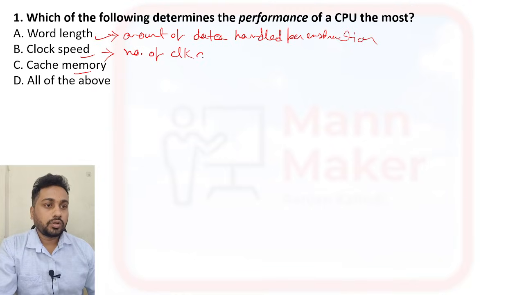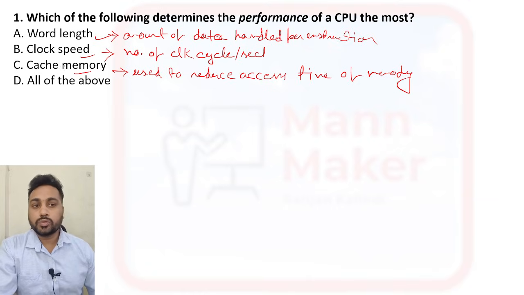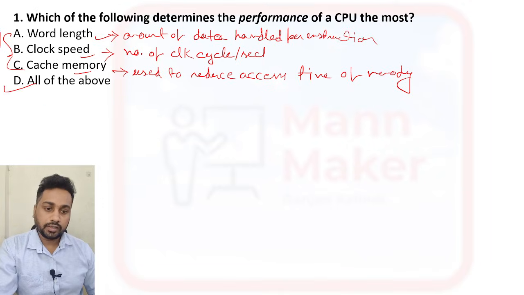Cache memory is generally used to reduce the access time of memory. So the performance of the CPU depends on all these three, so option D is your right answer.